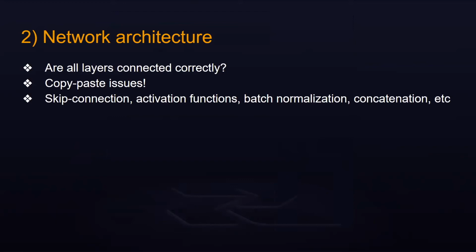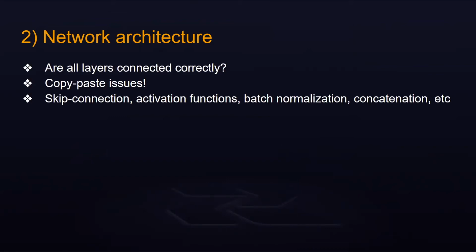When we are designing a network, we want to make sure that all layers are connected correctly, and we usually suffer from copy-paste issues. When we implement a network, we copy a layer and then paste it, and we forget to change all the necessary inputs or outputs.